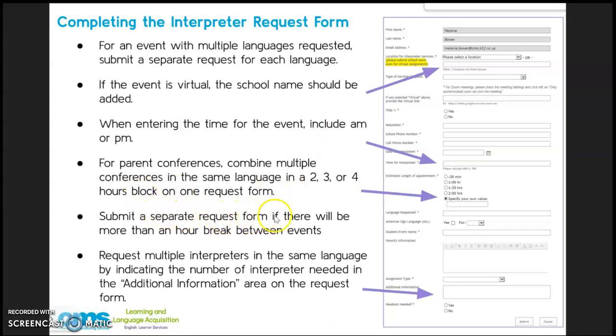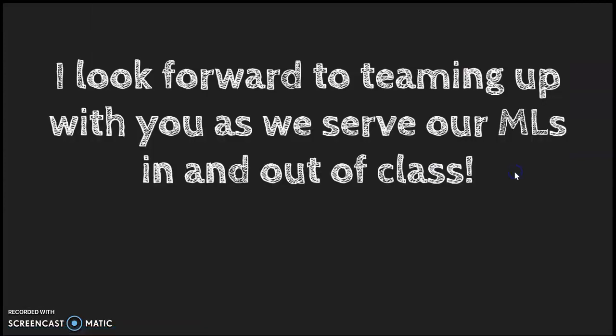Submit a separate request form if there will be more than an hour break between events. Request multiple interpreters in the same language by indicating the number of interpreters needed in the additional information area on the request form.